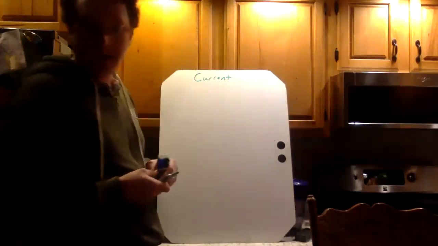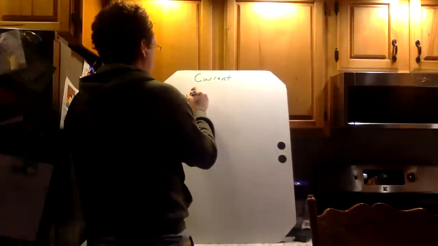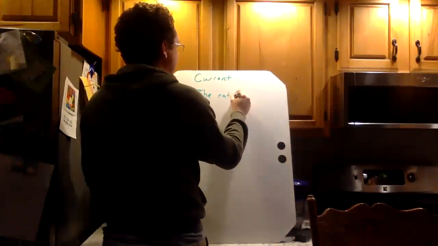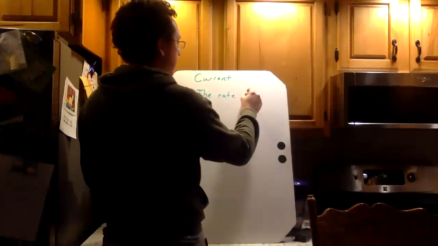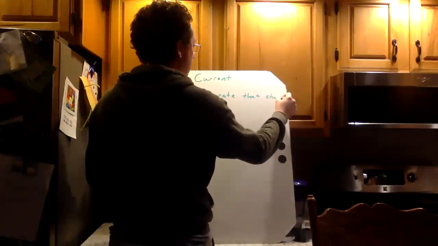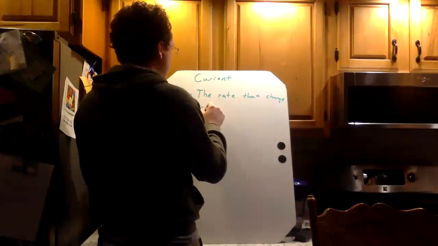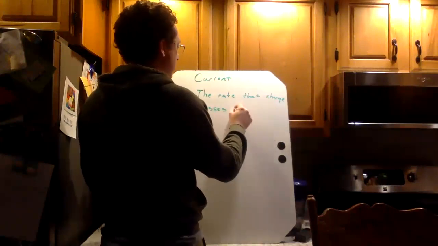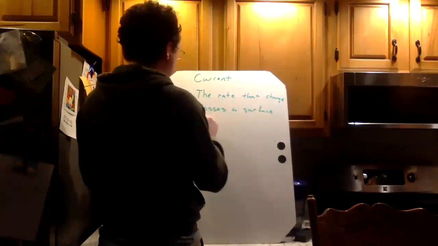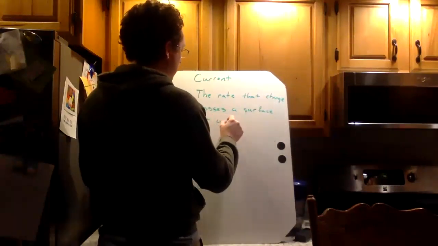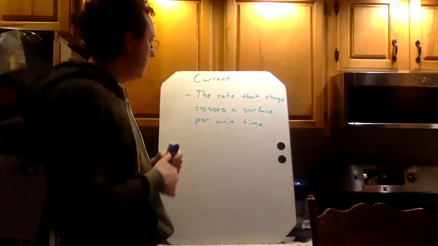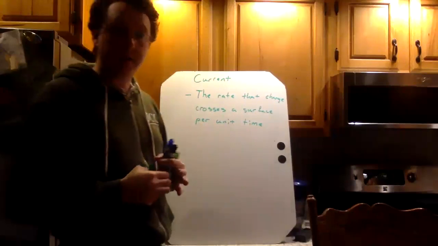Current is the rate that charge crosses a surface per unit time.